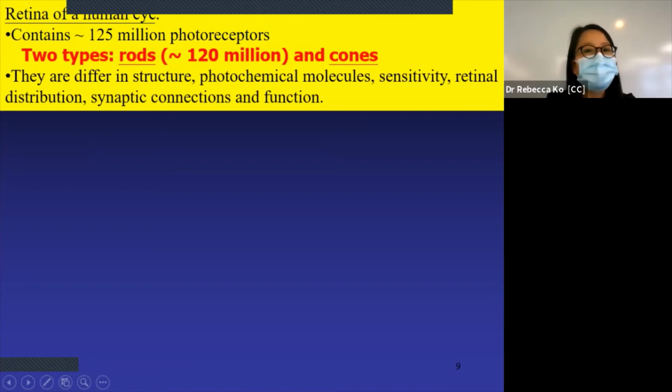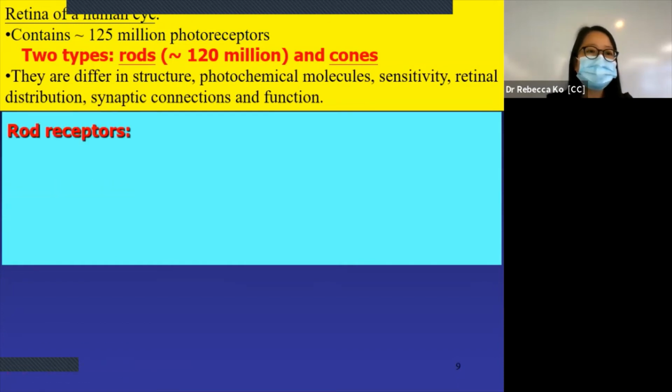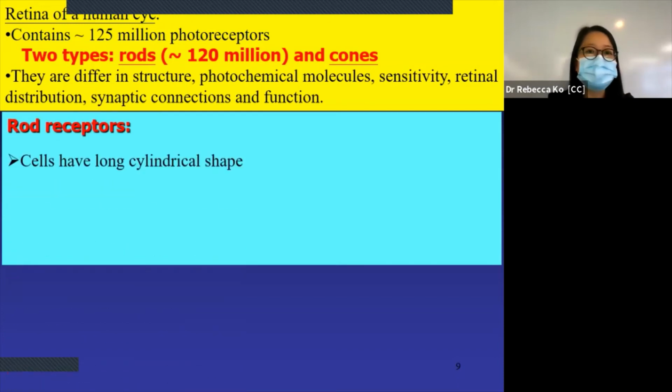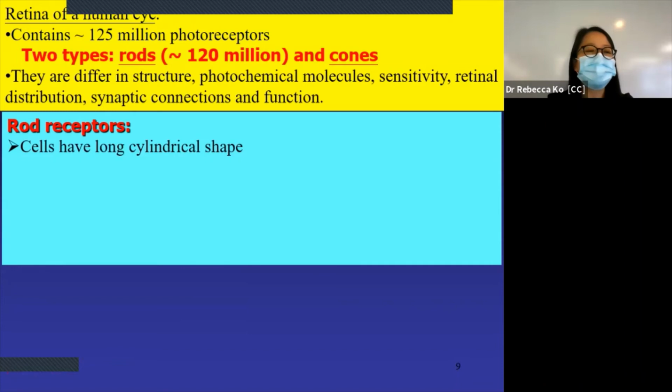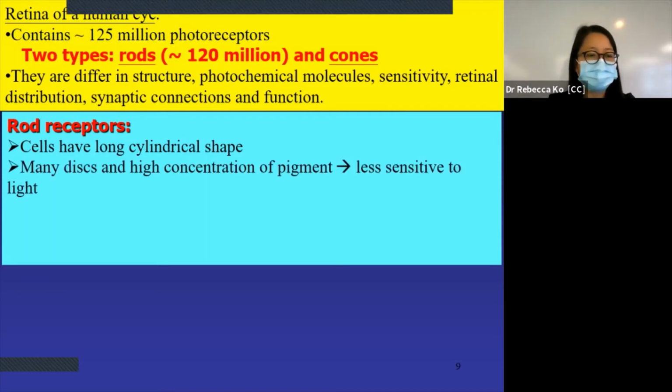Now let me list them out and show you the details. For the rod receptors, these are the photoreceptors, right? The rod cells have a long cylindrical shape. On the handout, you find the diagram of it. Please refer to it and take a look. And then there are many discs with a high concentration of pigment.